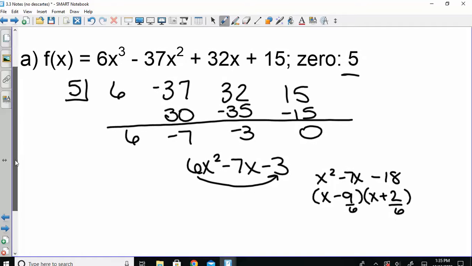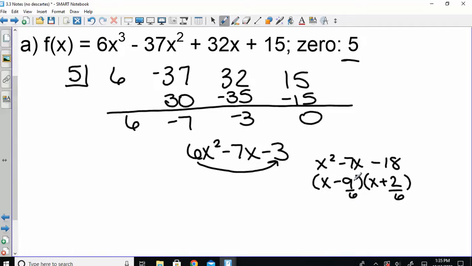So divide by 6. 9 over 6, what's that reduced to? 3 over 2, so that gives me a 2x minus 3. And 2 over 6 reduces to 1/3, so that's a 3x plus 1.